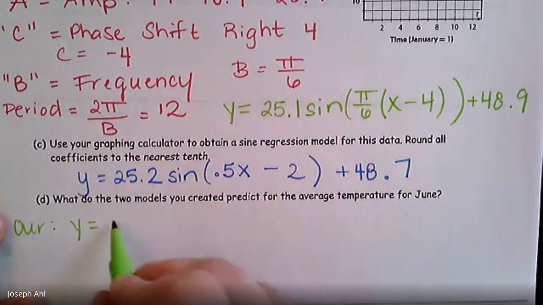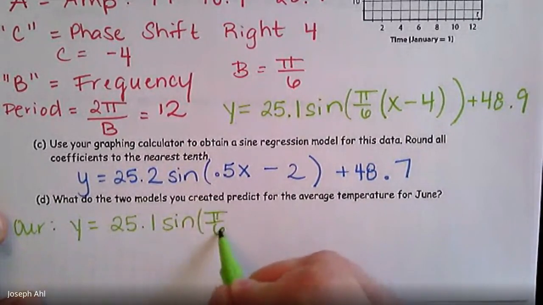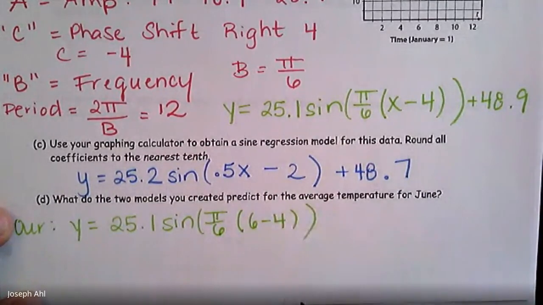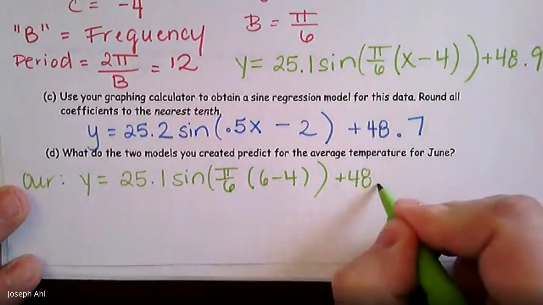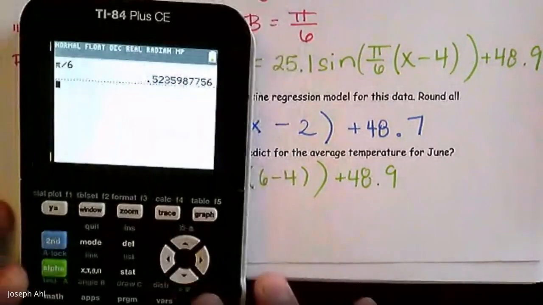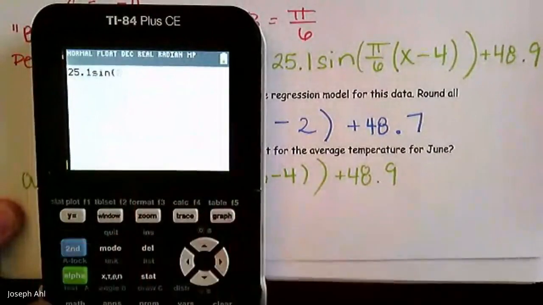So you would get y equals 25.1 sine of pi over 6 times 6 minus 4 in parentheses, which I realize is 2. If you want to just write a 2 there, plus 48.9. And if you type that into the home screen, we're going to get 25.1 sine of pi over 6 times, like I said, we could just make that a 2 in there, plus 48.9.